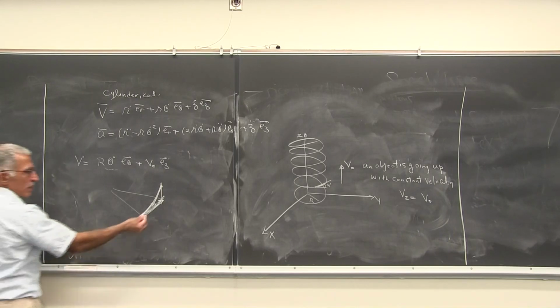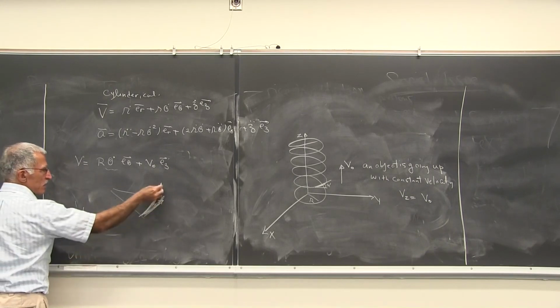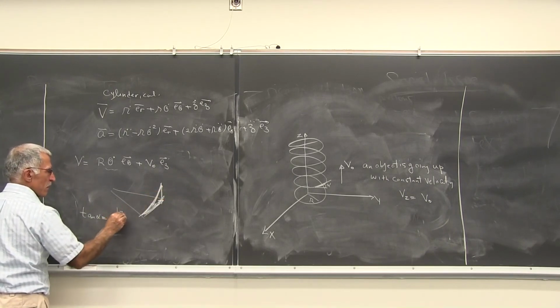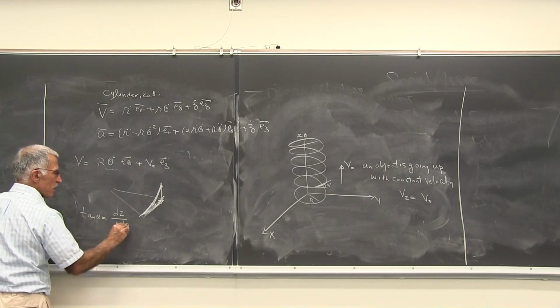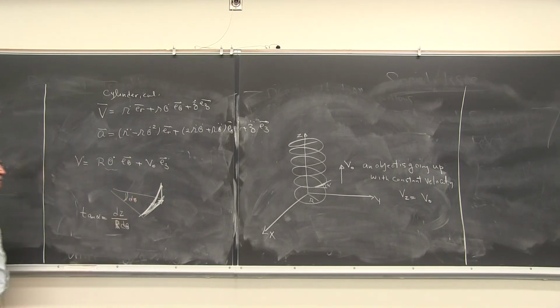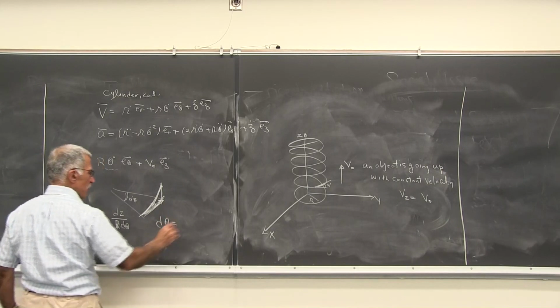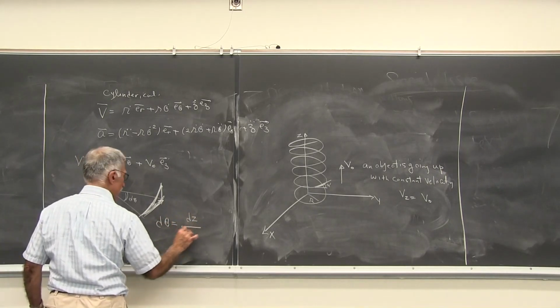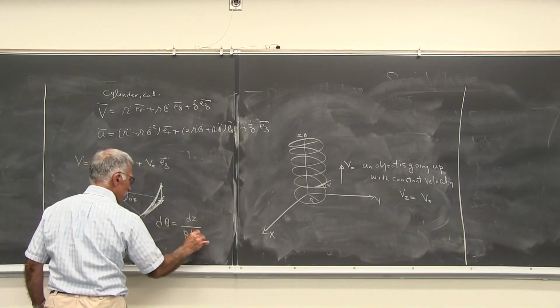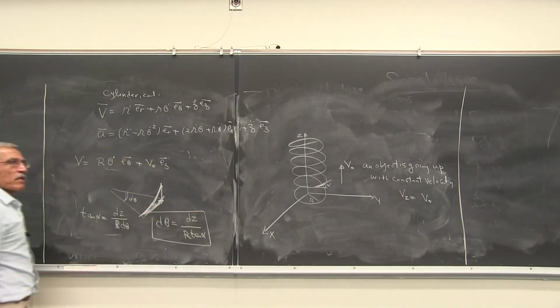So you can say no problem. Tangent alpha is equal to dz over r d theta. Or your d theta that you are interested in is equal to dz divided by r tangent alpha, from geometry.